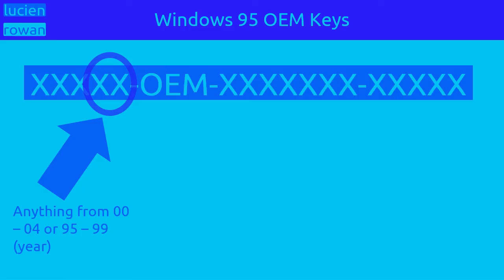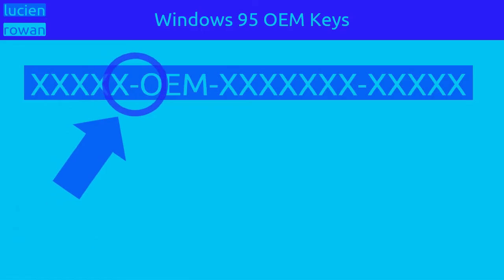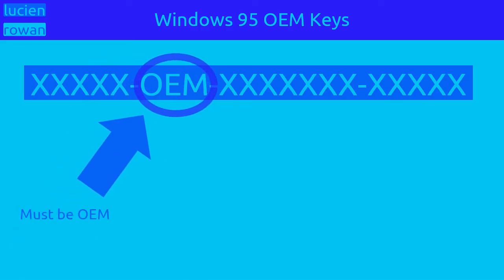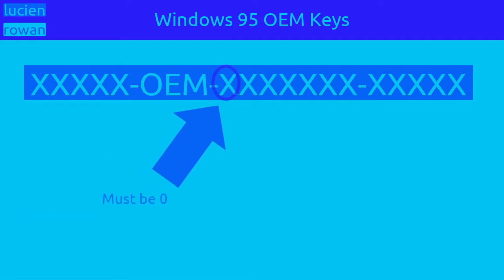And now we come to the joke. You can even use 366 as the first 3 digits if you use a year which isn't a leap year. Now the next 3 characters must be OEM. And now to the next 7 digits. The first digit in the segment must be 0.